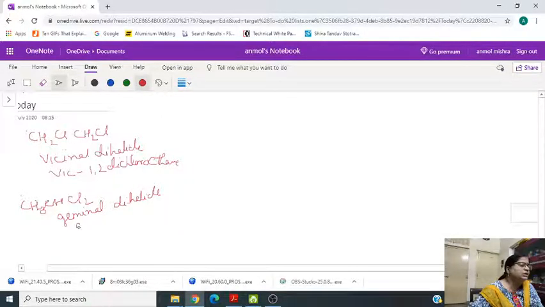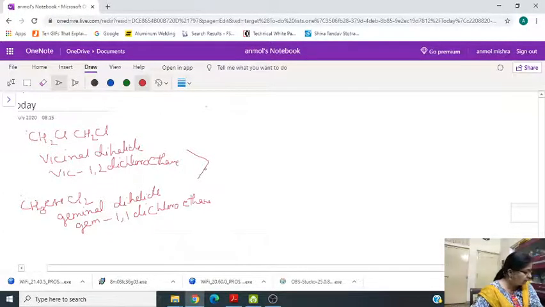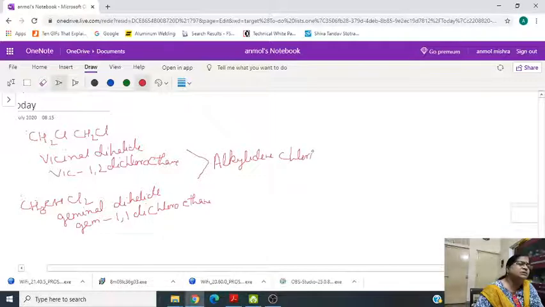So we write the prefix gem-1,1-dichloroethane, and these two are collectively called alkylidene chloride, or alkylene dihalide.